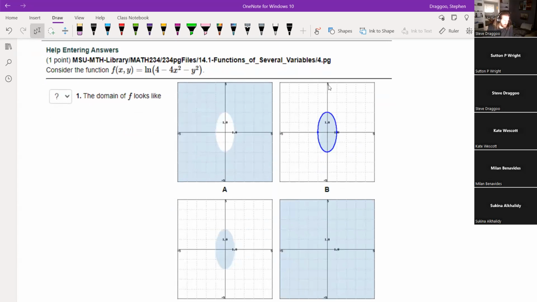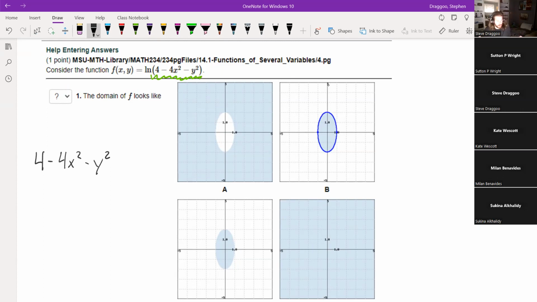The problem was kind enough to provide us with a few to choose from. So let's do that. We're going to take the natural log of some mess. So let's start by highlighting what that mess is. It is 4 minus 4x squared minus y squared.